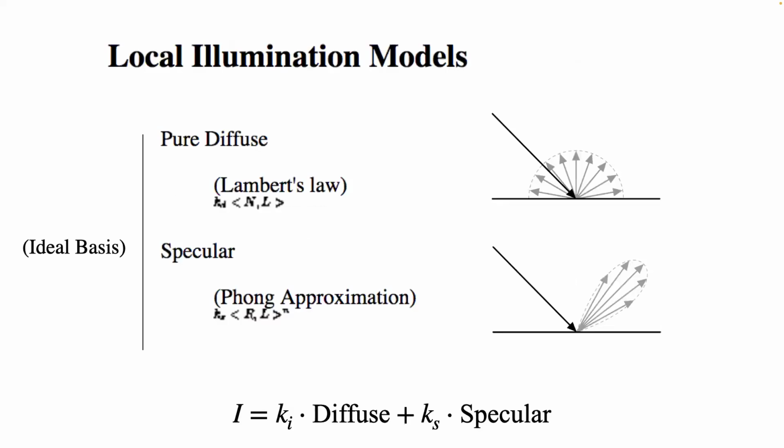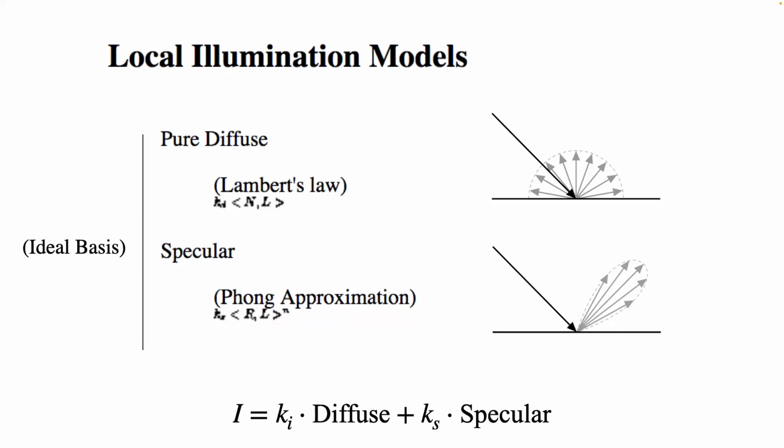So in terms of local illumination models, one simple way that was used in the beginning of graphics is to consider an ideal basis, taking the two streams of reflections, the pure diffuse and the specular. The pure diffuse basis basically says that when a light ray comes into the illumination hemisphere, that energy is spread all over the hemisphere equally in all directions.